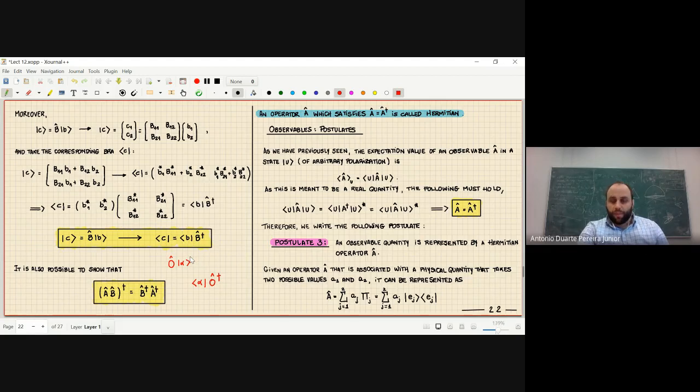So this is a very important rule that you have to know. Given a ket C that is written as operator times ket B, the bra C will be the bra B times the Hermitian conjugate of B. So if I have a ket and I want to invert it to become a bra, I invert the order of B, but multiply by the Hermitian conjugate of the matrix B. Okay?